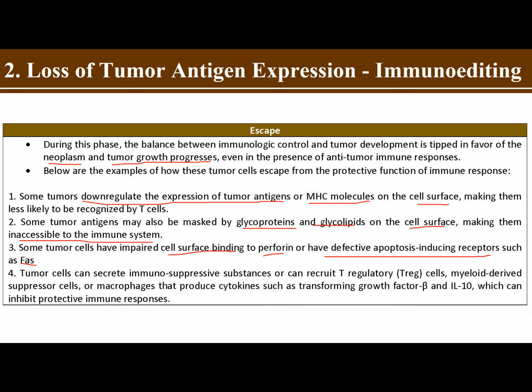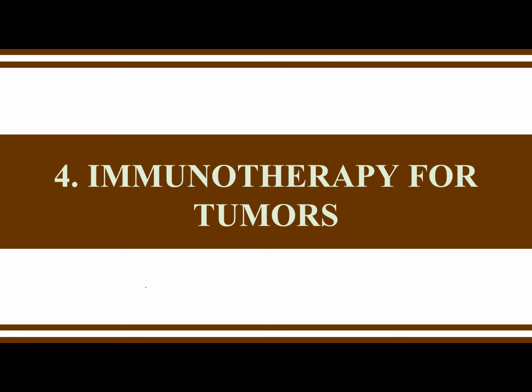Tumor cells can secrete immunosuppressive substances or can recruit T regulatory cells, myeloid-derived suppressor cells, or macrophages that produce cytokines such as transforming growth factor beta and interleukin 10, which can inhibit protective immune responses.